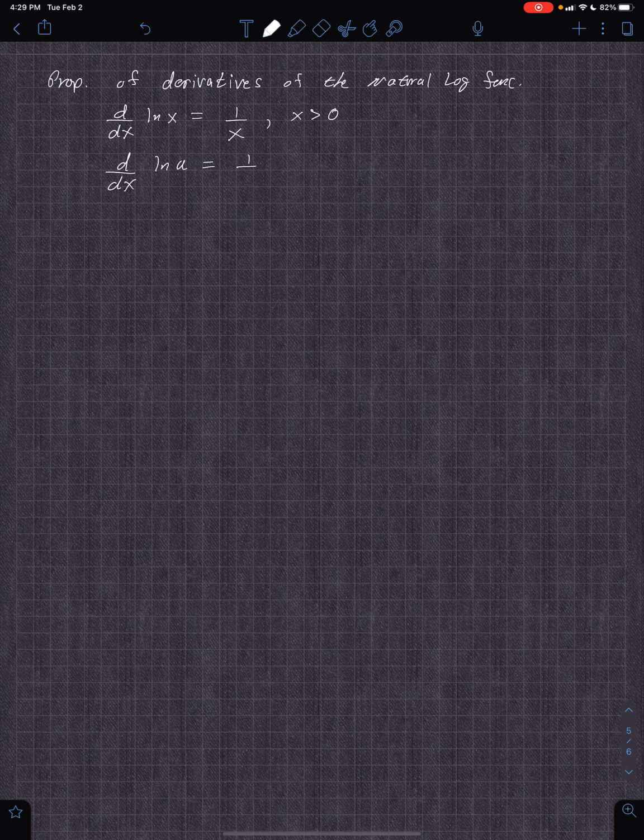That, of course, is just 1 over u times u prime, provided that u is positive. Then you can look at d/dx of ln absolute value of u. That'll equal 1 over u times u prime. And in that case, your u is just non-zero.